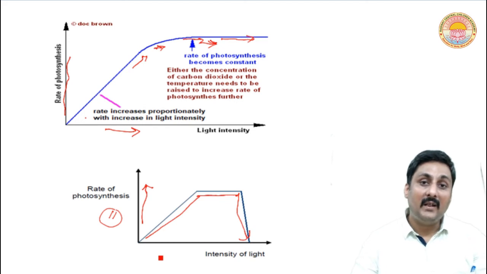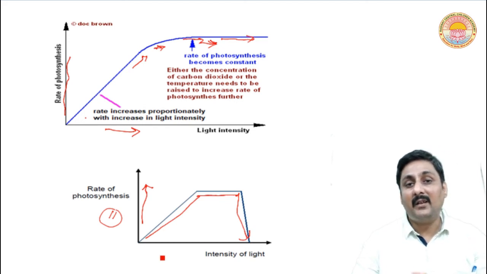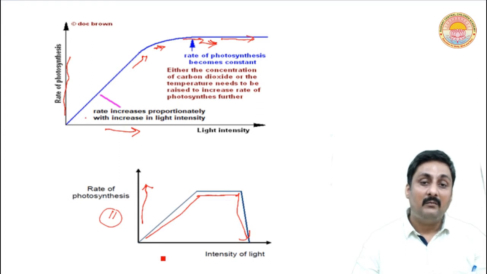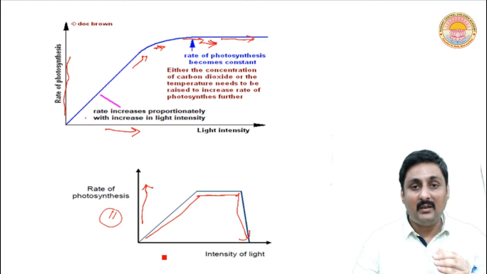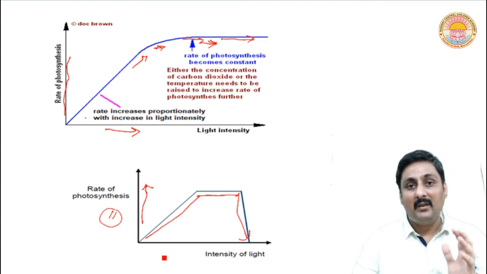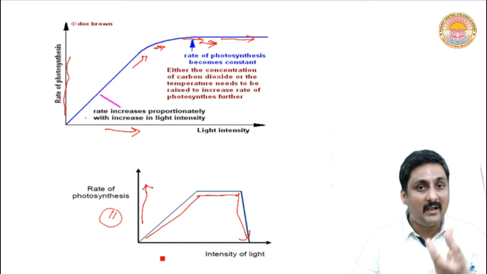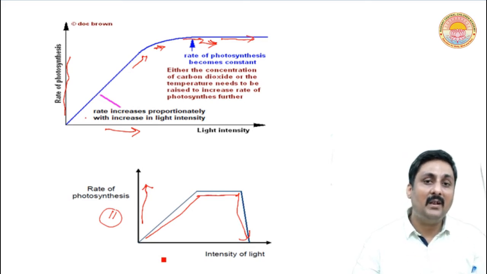Moreover, I would like to tell you that in certain cases light intensity can become a limiting factor. For example, a plant growing in a forest area shadowed by bigger trees, bigger plants, that plant may not be able to receive the sunlight in a proper amount.